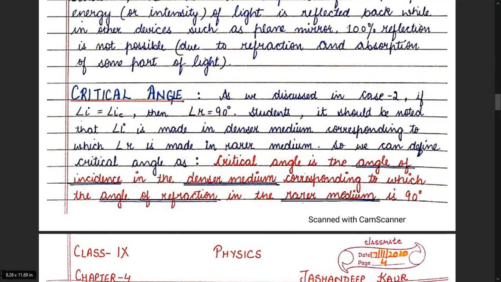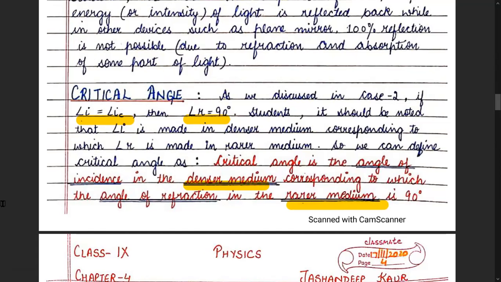So students, now we can define critical angle as: critical angle is the angle of incidence in the denser medium corresponding to which angle of refraction is 90° in the rarer medium.